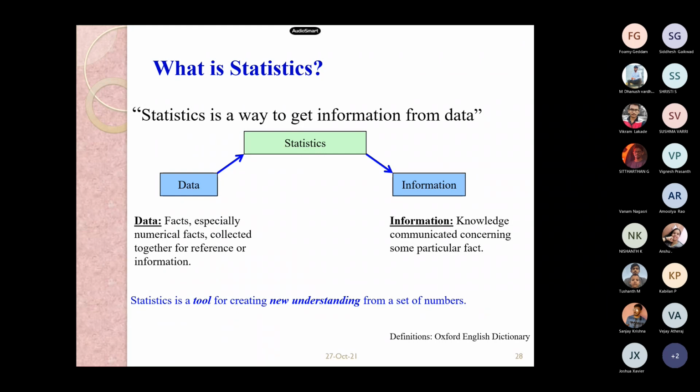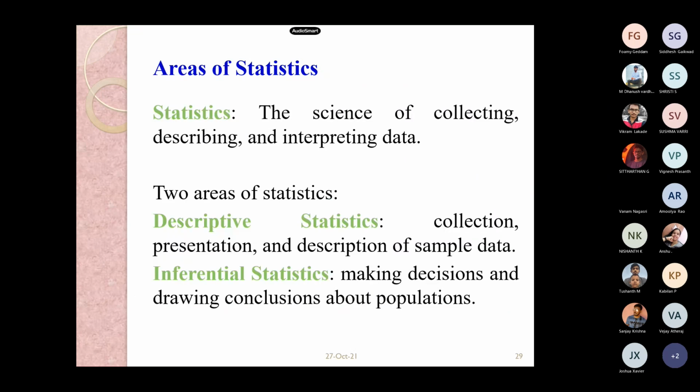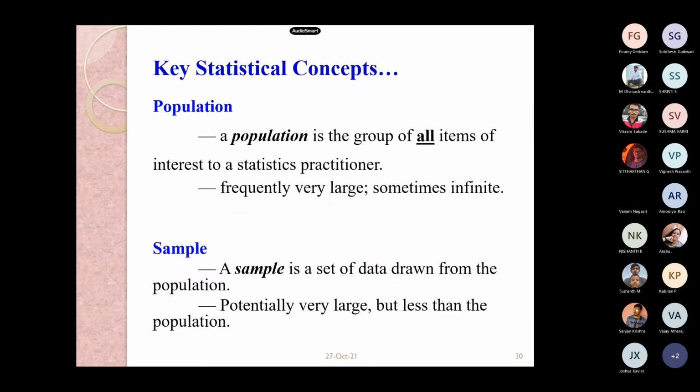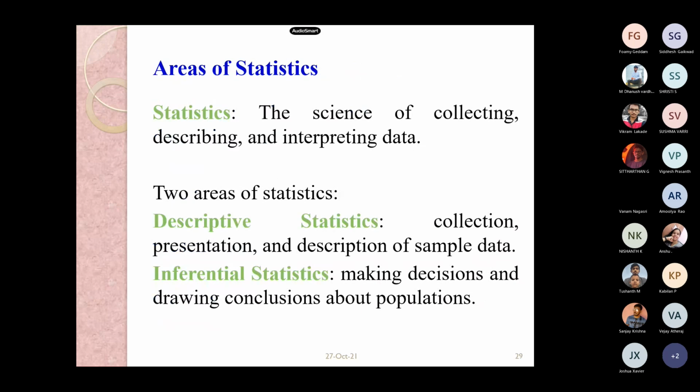And see, it is a tool for creating new understanding from a set of numbers, or a set of information, or a set of facts, or whatever it might be. And we need to understand population and sample. These are the technical terminologies related to linear regression. Statistics is the science of collecting, describing, and interpreting data.